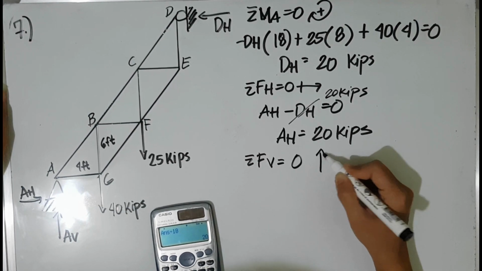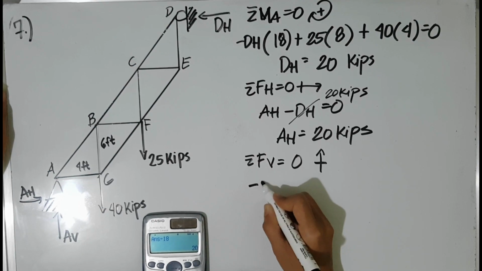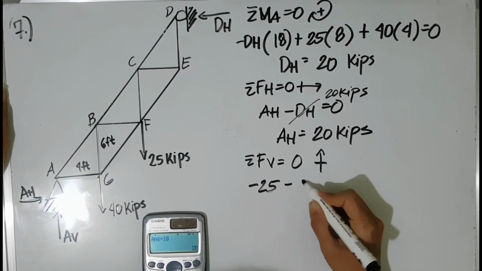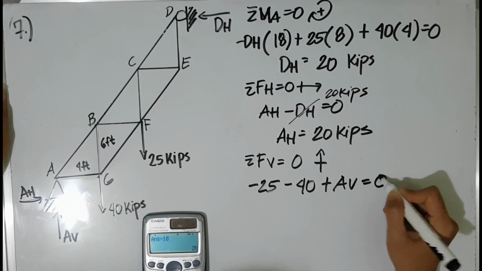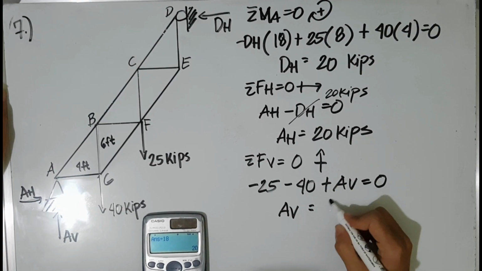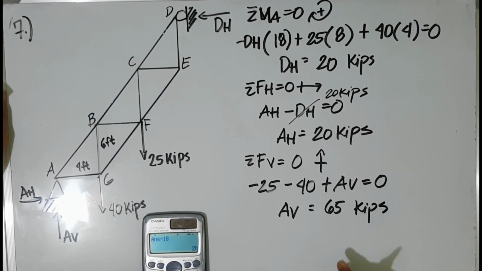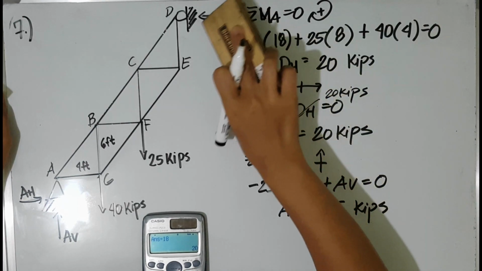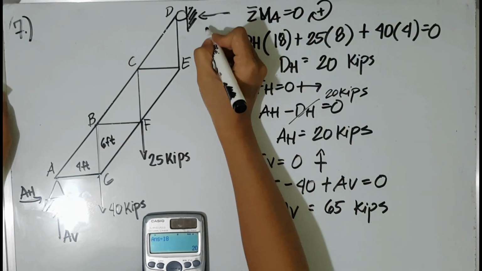And then the summation of forces vertical is equal to 0, upward positive. We have the vertical force at A is equal to 65 kilopounds. And now we are ready to determine the internal forces on each member.